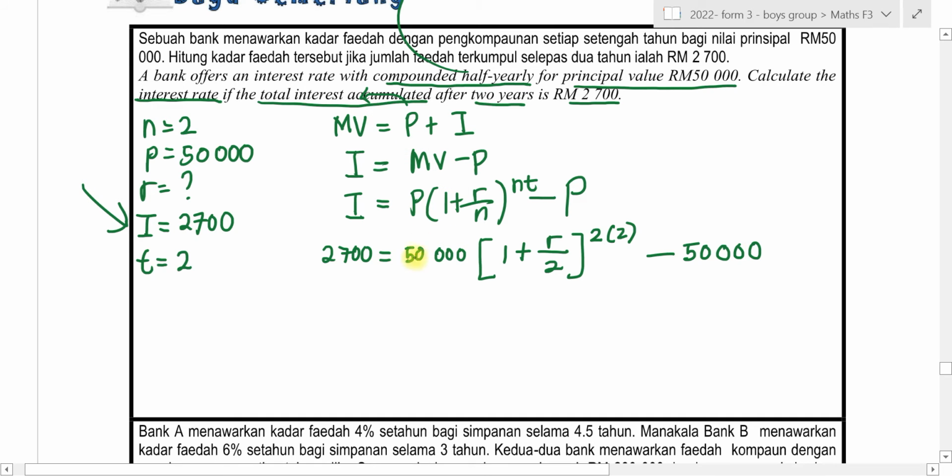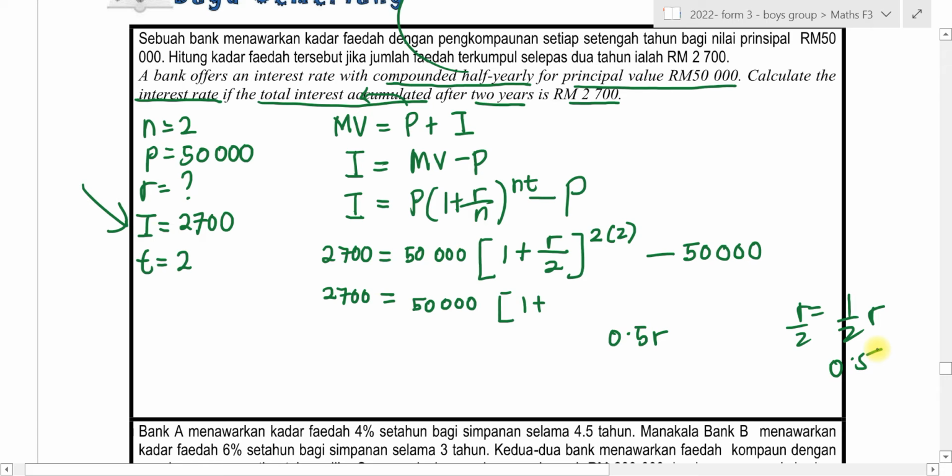Right, we try to settle this down. 2,700 equals 50,000 times 1 plus r over 2, to the power of 4, minus 50,000. You actually can write 0.5r also, because r over 2 is 1 over 2 times r, and 1 over 2 is equal to 0.5.